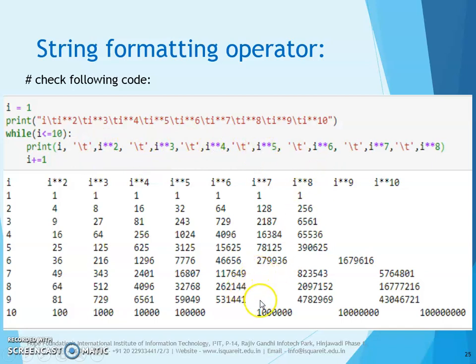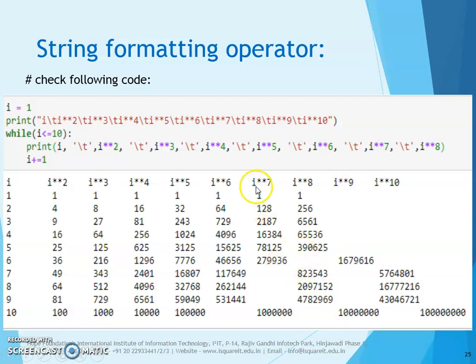So you can check what is done over here: as the number of digits in those numbers is larger, this data is shifted to the right-hand side. Actually we have displayed the data up to i raised to 8. This 9 and 10 we have not displayed in this print function.